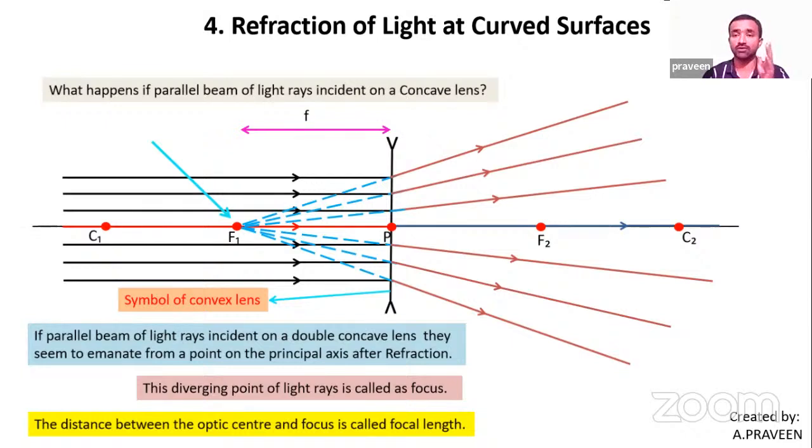This converging point or diverging point is defined as the focal point or the focus of the lens, given as f1. Then the length measured between the pole and the focus is given as the focal length. Up to there we discussed in the last classes.